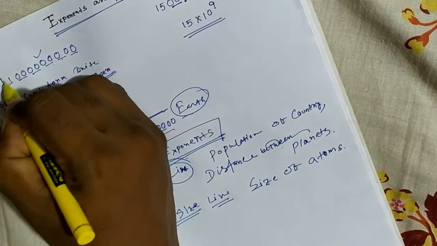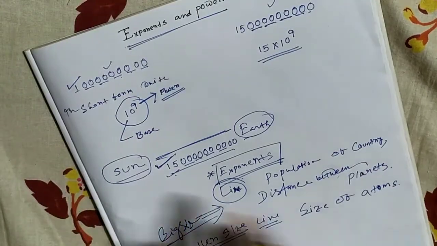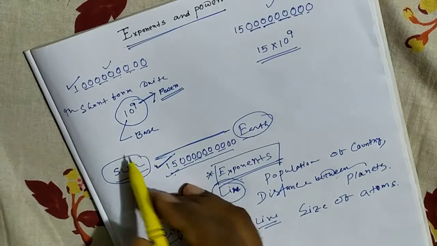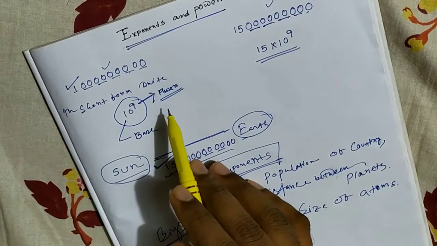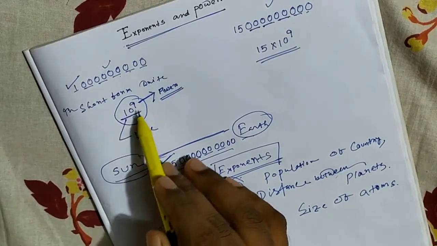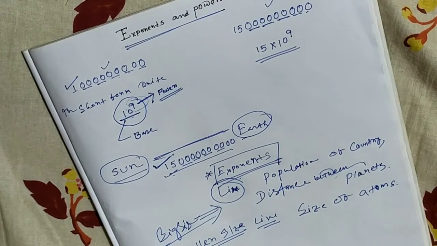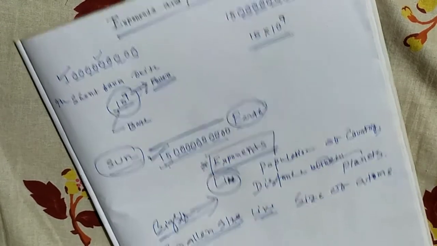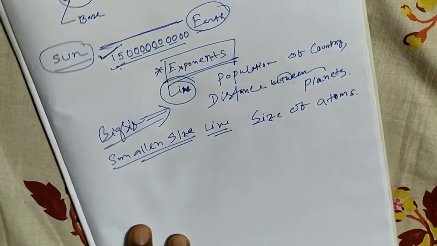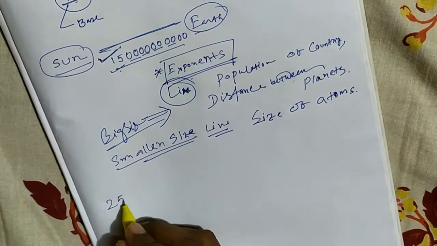This is the large number. Here the base is 10 and 9 is the exponent. We write another number, 256.